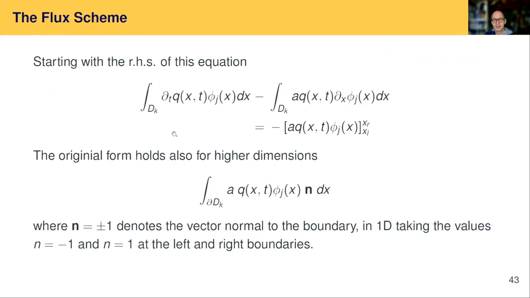This is the same as we had before, and in higher dimensions, this is an evaluation at a surface. So in one dimension, it's just the left and right points. In higher dimensions, in 2D, it's the surface of your element, or in 3 dimensions, it's the surface of the volume.